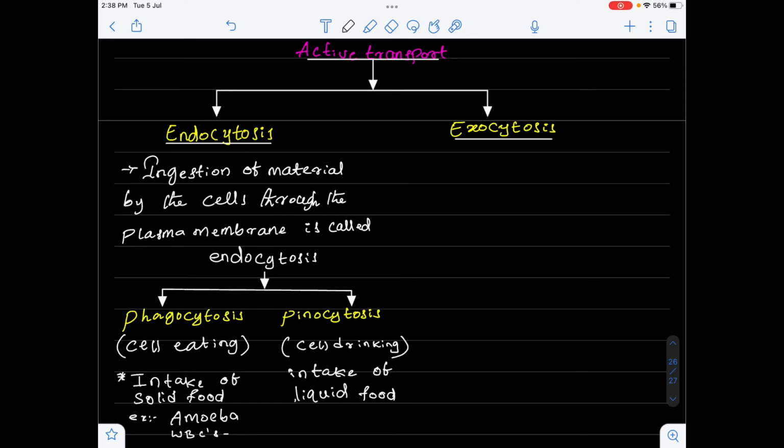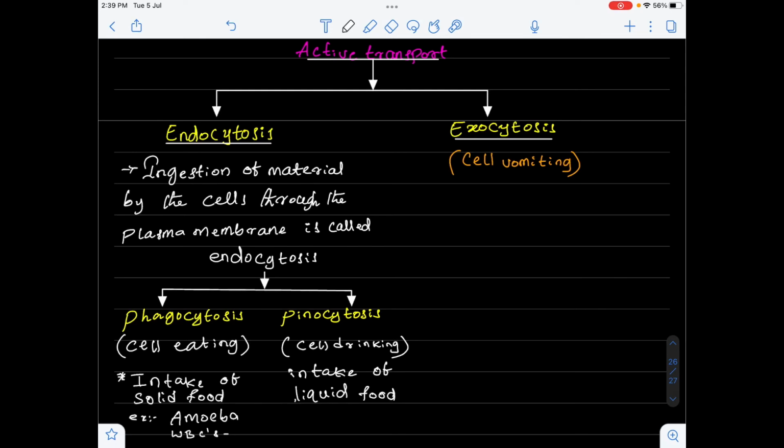And the next one is exocytosis. Exocytosis is also called as cell vomiting. This is the outward transport of substances by means of carrier or secretory vesicles or through the whole body surface.